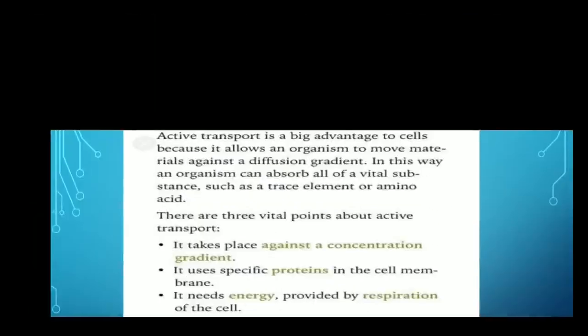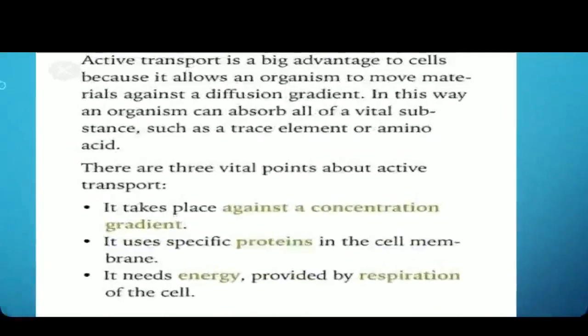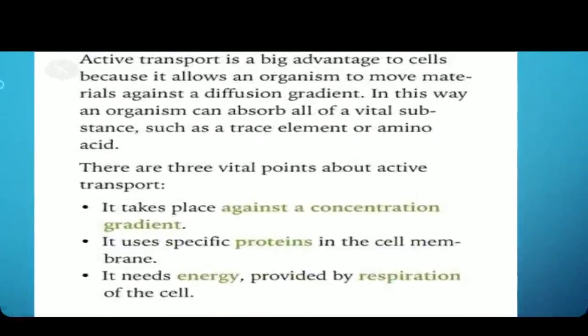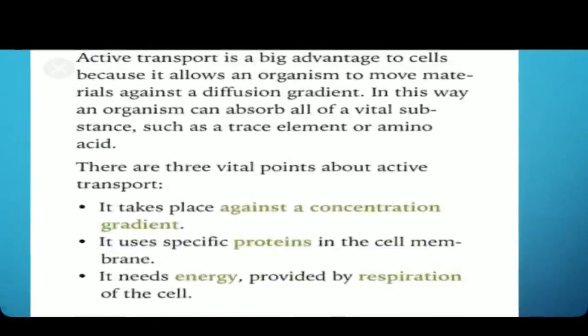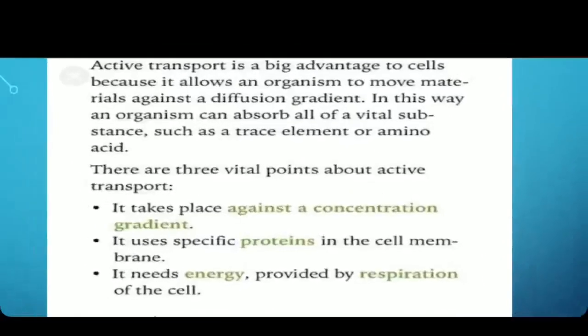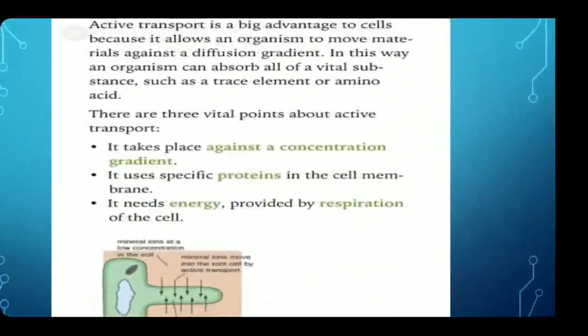Active transport is a big advantage to the cells because it allows an organism to move materials against a diffusion gradient, which means against the concentration gradient. That's why it is very important. It allows the plant to take the vital nutrients required for its growth, which are present in trace amounts in the soil, by working against the concentration gradient.